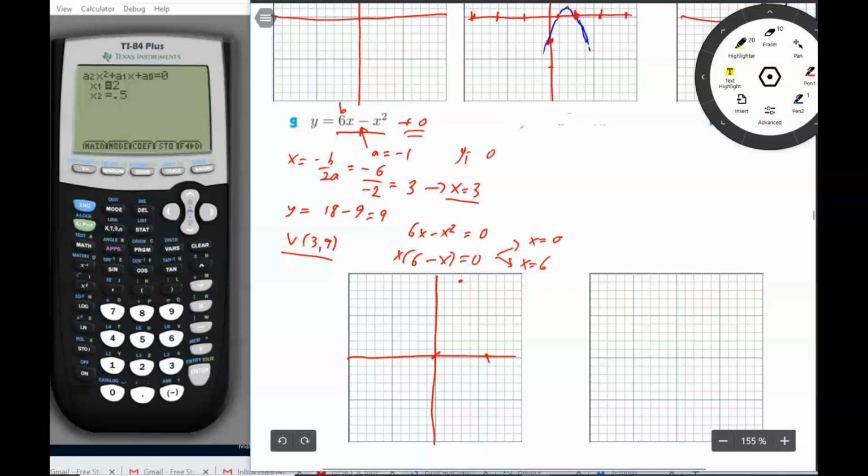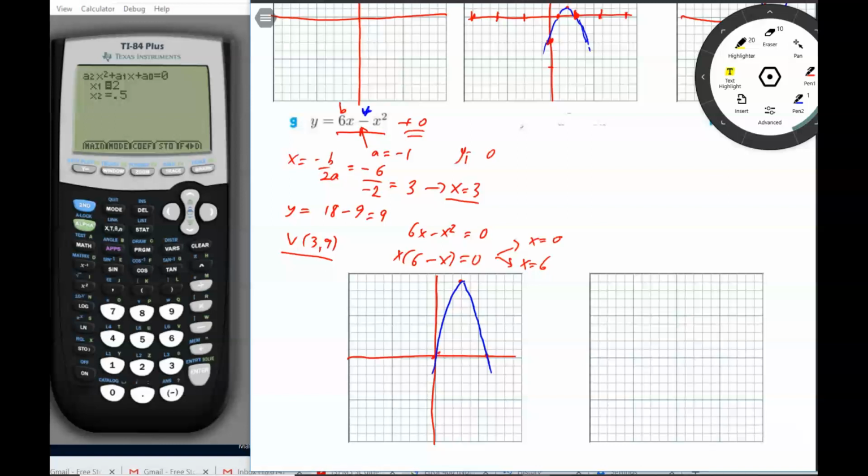And so it happens to intersect the axes exactly at the origin, doesn't it? Now I'm going to draw a sketch for the rest of it. Basically looks like that, okay? It's upside down. Makes sense because the a value is negative, right?